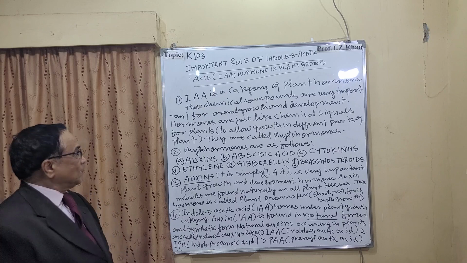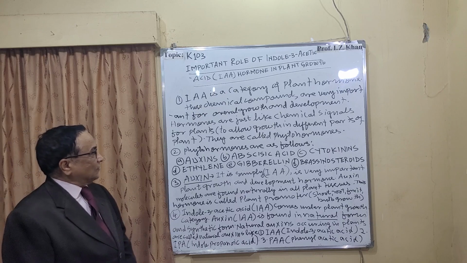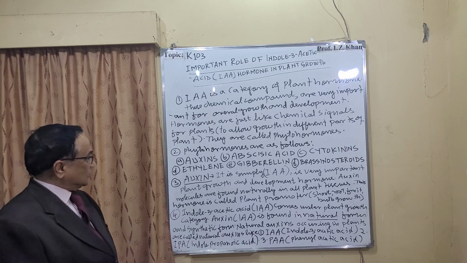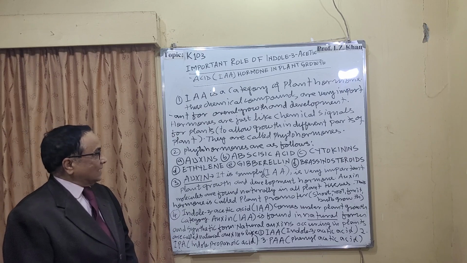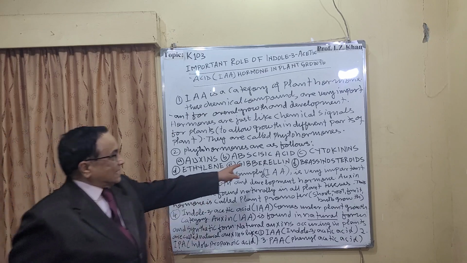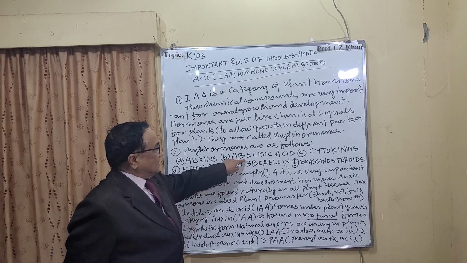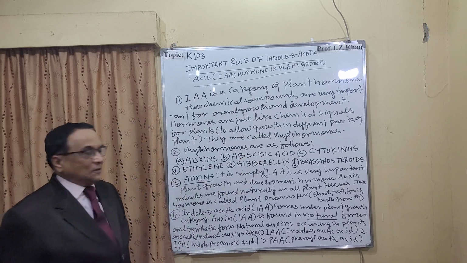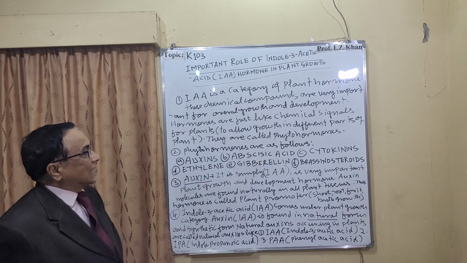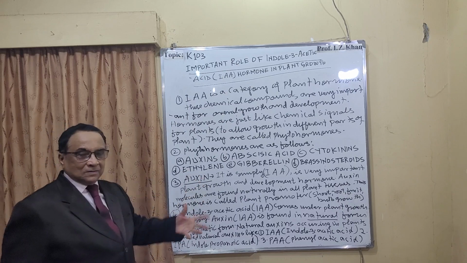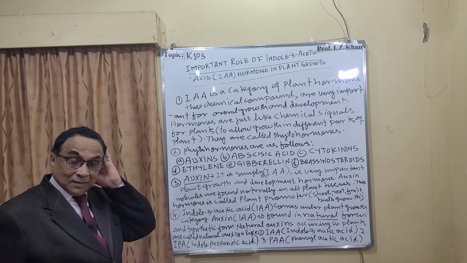Phyto means plant, and the phytohormones are as follows. One is auxins, second one is abscisic acid. Abscisic acid is actually a sesquiterpene, and that is C15. Then cytokinins, and ethylene, which is in gaseous form, with a carbon-carbon double bond.